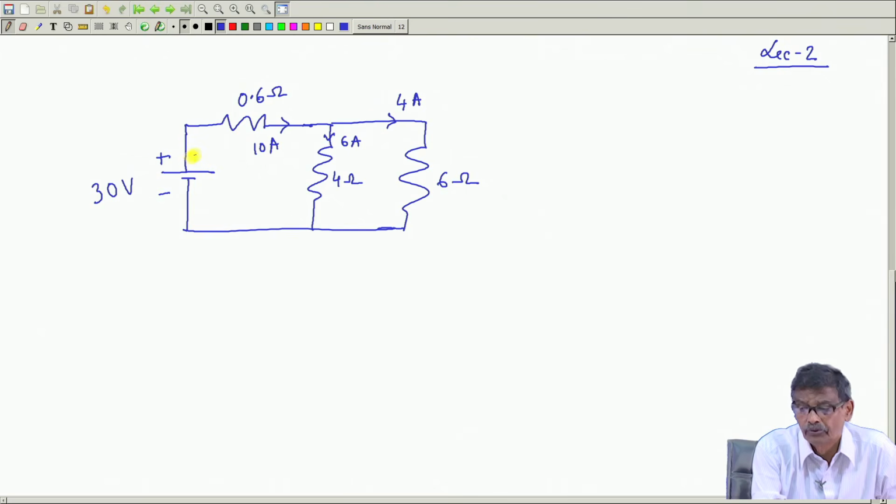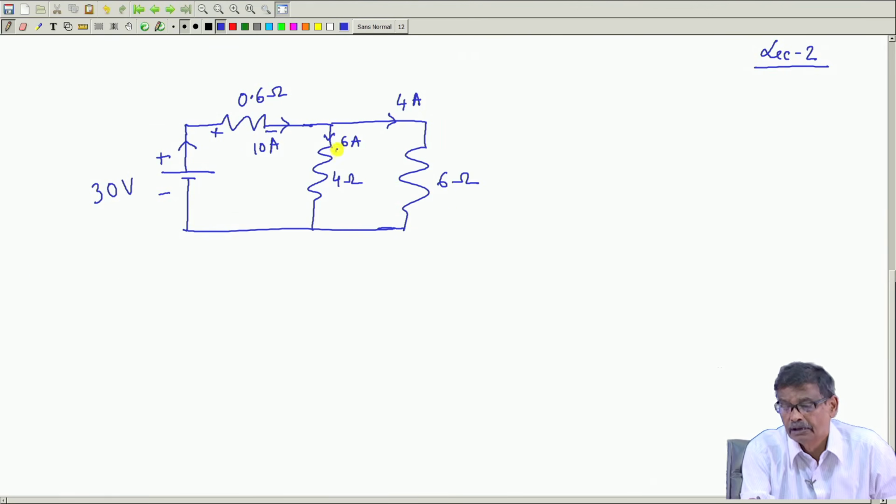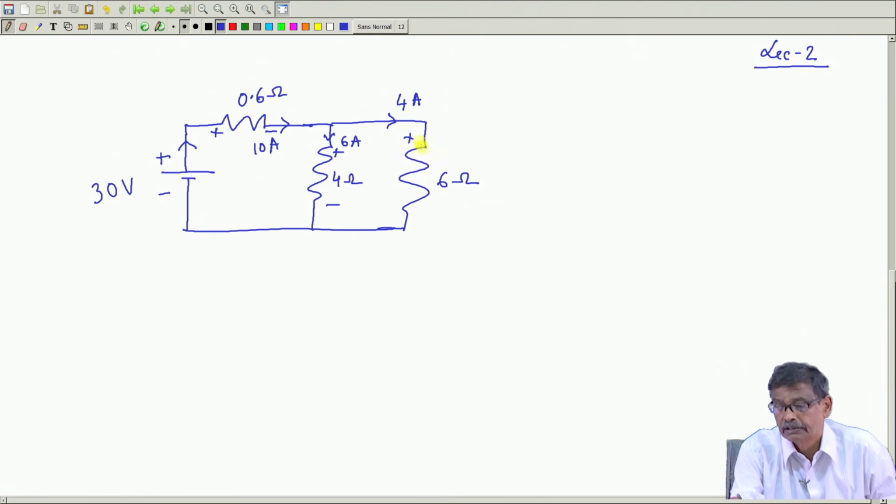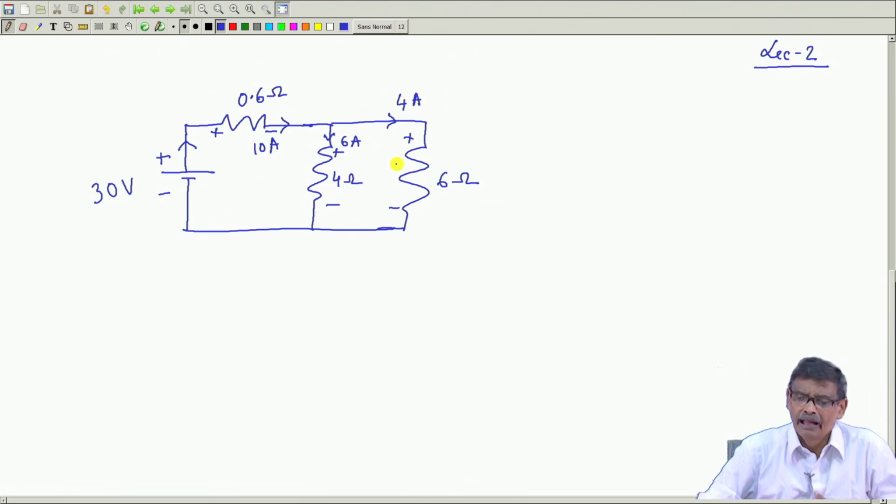This 30 volt source must be delivering power, because the plus 10 ampere is coming out. Voltage drop here is of this polarity, therefore, it is absorbing power. Similarly, voltage drop here will be of this polarity, it is absorbing power, and 300 watt was balanced. I will now tell you another important thing.